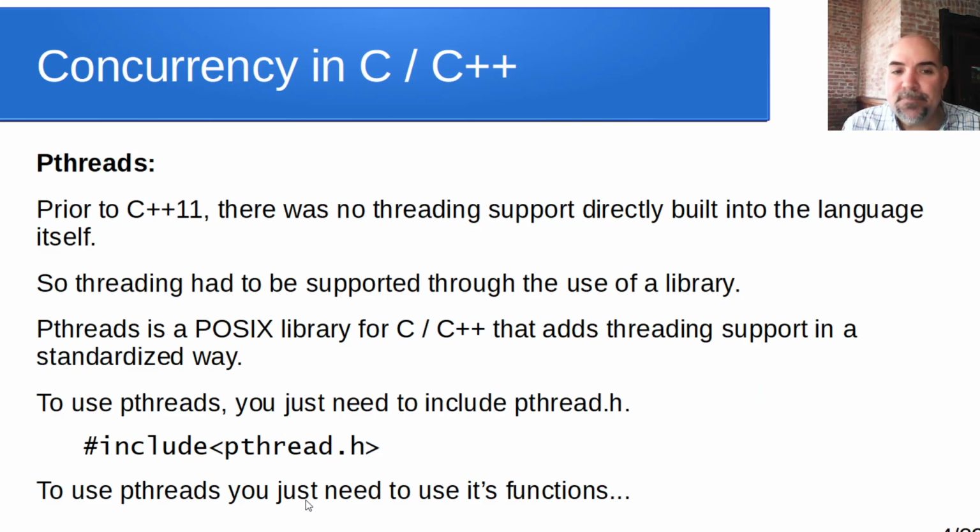All right. So prior to C++11, there was nothing built into the language that allowed us to do threading. We had a library that had to deal with threads for us. That library, which became the standardized way of doing that, was called Pthreads. And the P in Pthreads stands for POSIX.